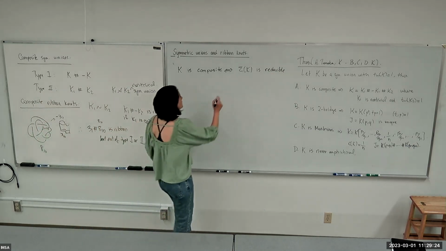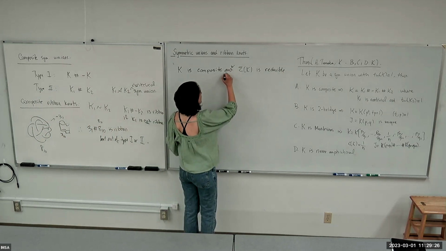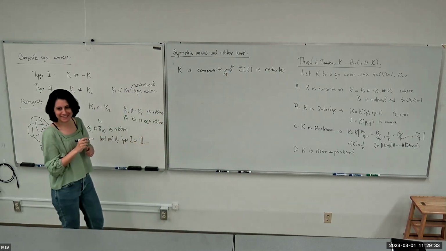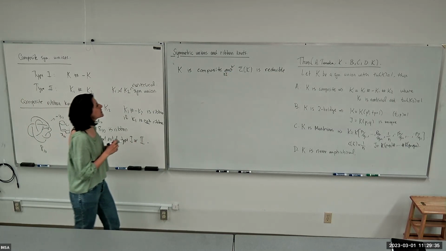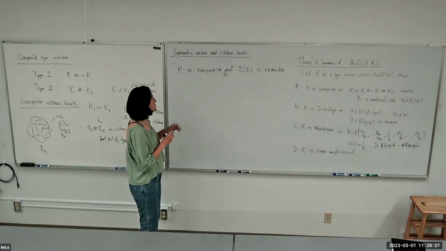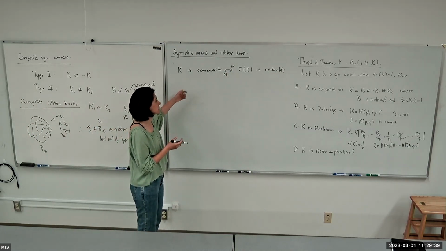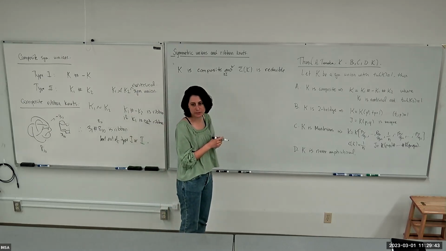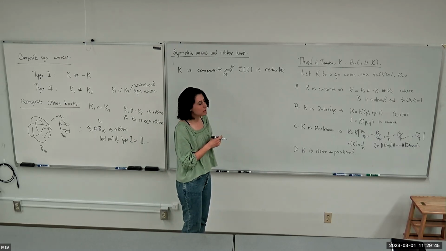But it turns out that the converse is also true, by Kim and Tollefson. If I write KT again, it's not Kinoshita and Terasaka. Anyway, this is nice: if you want to show whether something is composite or not, you can also look at the double branch cover and ask whether it's reducible or not.